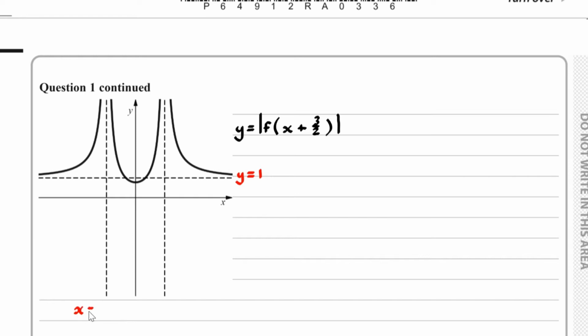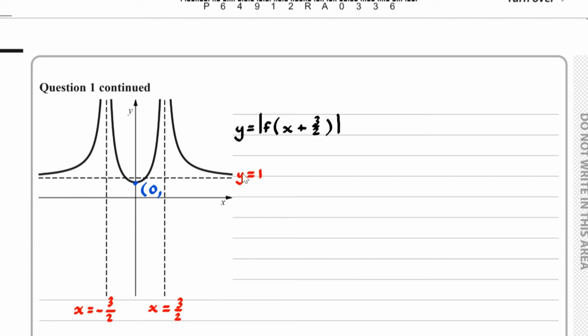Here we have x equals negative 3 over 2, and here we have x equals 3 over 2. The turning point will lie here.